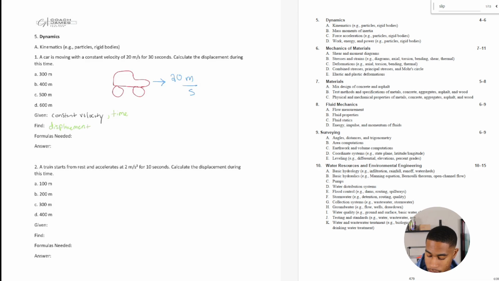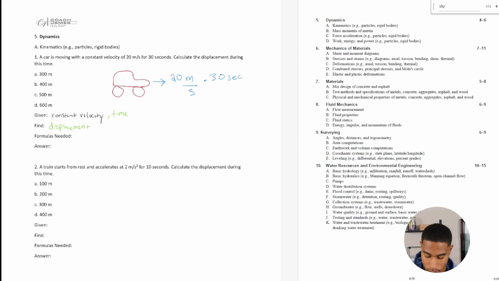Really, if I know that it's doing this for 30 seconds, then I know after 1 second, if I did 20 times 1 second, it would only be moving 20 meters. But if I did 20 times 10 seconds, it would be 200 meters. But this question asks for 30 seconds.